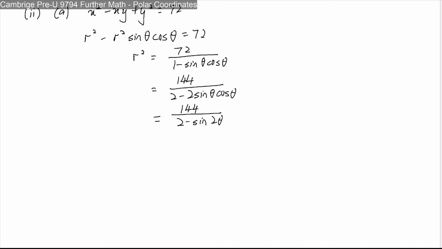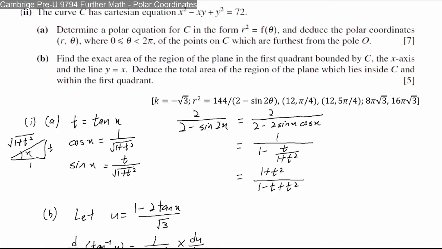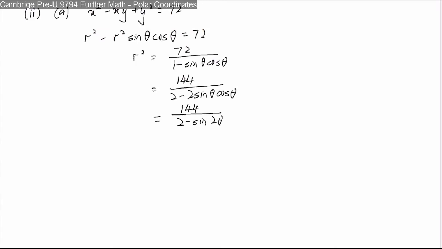Okay, so the question also mentioned the furthest from the pole O. So we want to look at the maximum point in this case. Okay, so how do we actually look at the maximum r in this case?